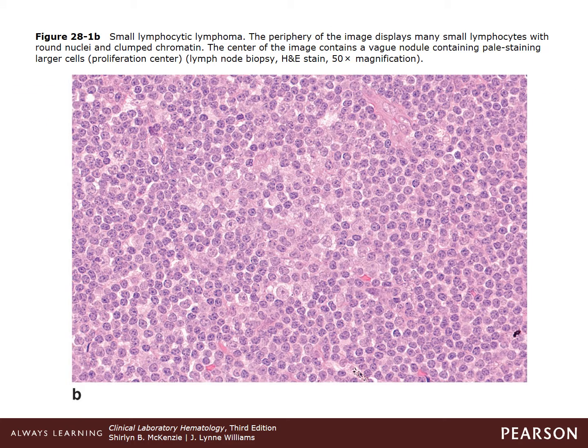So here is a small lymphocytic lymphoma cross-section, showing a lymph node biopsy. And look at all the nodules containing larger cells, which are paler, and those are the proliferation centers within the lymph node biopsy.